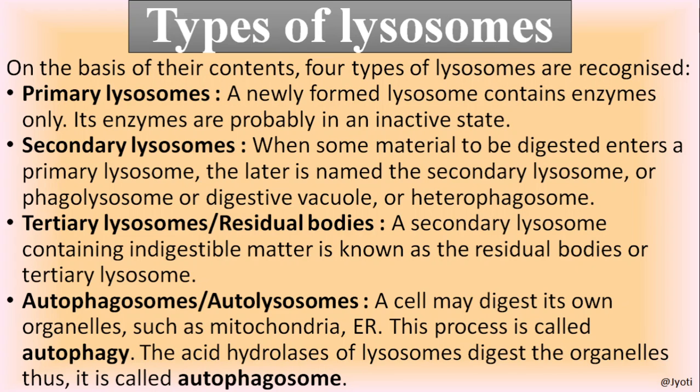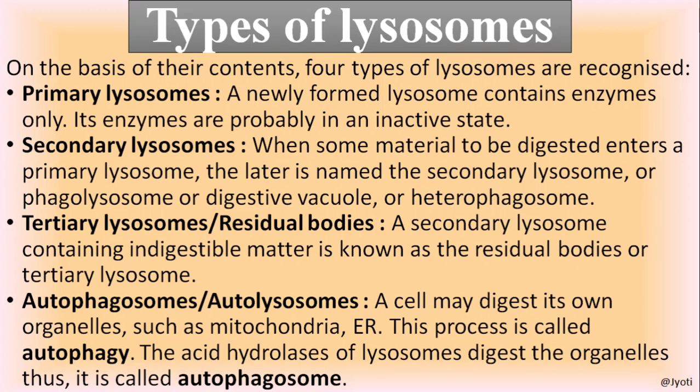After digesting the material that has entered into the secondary lysosome, the left out substances, which are called residual bodies, remain in the lysosome. So that form of lysosome is called tertiary lysosome or residual body. The next is the autophagosome or autolysosome.